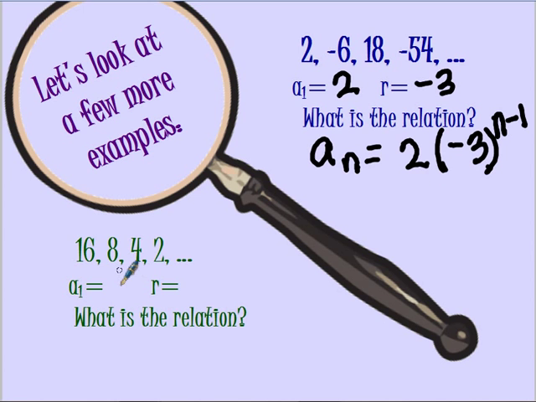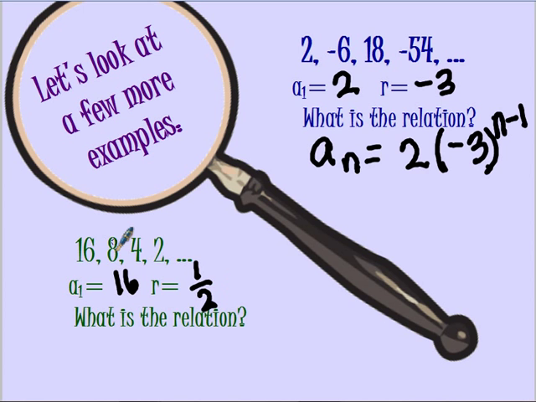How about this one down here, 16, 8, 4, 2. Our initial term is 16. Our common ratio, remember, we can't say that we're dividing by 2 because in a geometric sequence we only multiply. So to get from 16 to 8, and from 8 to 4, and from 4 to 2, we're actually multiplying by half, right?